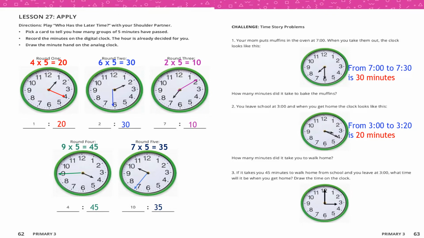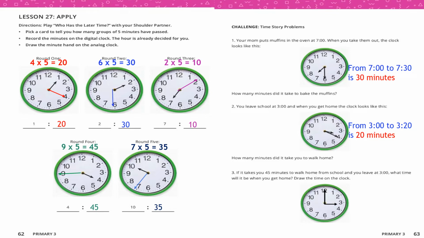The shorthand on 3 and the long hand on 12. This is 3 o'clock. And 3 o'clock plus 45 minutes will be 3:45. So the long hand will move from 0 at 12 to 45. 45 at which number?